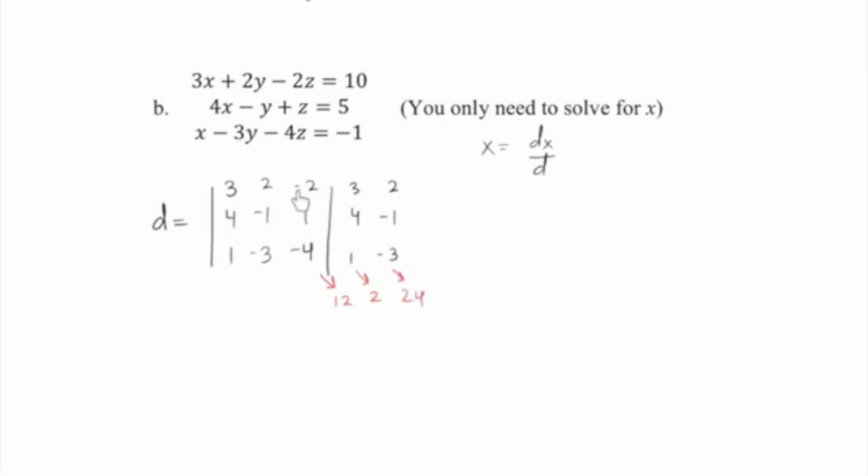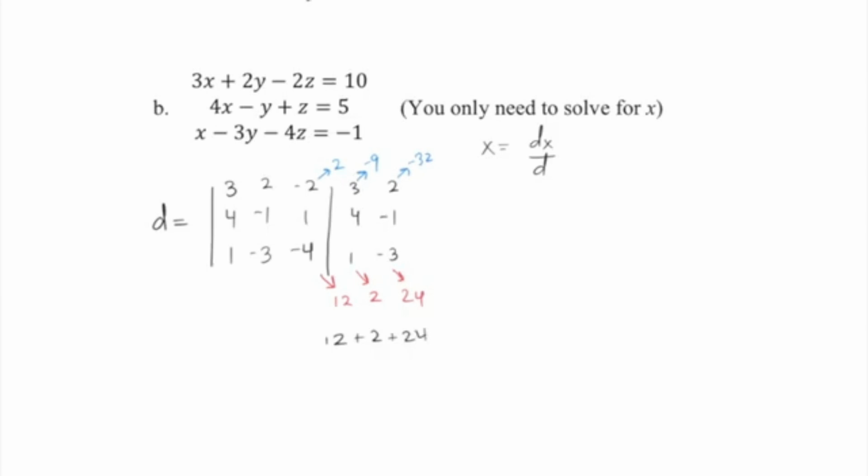Now, we're going to go this direction. The product of these three numbers is 2. The product of these three numbers is -9. And the product of these three numbers is -32. So the way this works now is these three numbers add, these three numbers subtract. So it's 12 plus 2 plus 24.